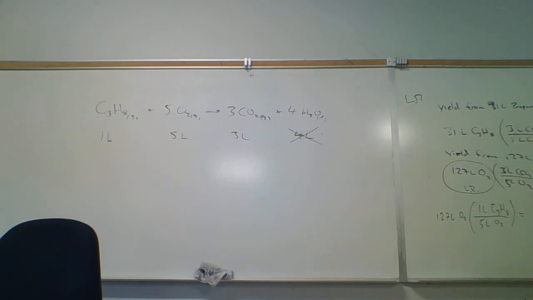So I did the calculation differently in class, but I just want to do it like this. 127 divided by 5. We're going to consume 25.4 liters of propane consumed. And so how much is left over unreacted? Well, that's going to be 31 minus that. That means 5.6 liters of unreacted propane because we ran out of oxygen.